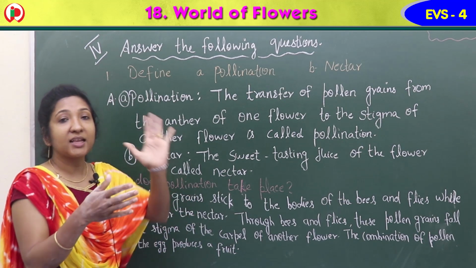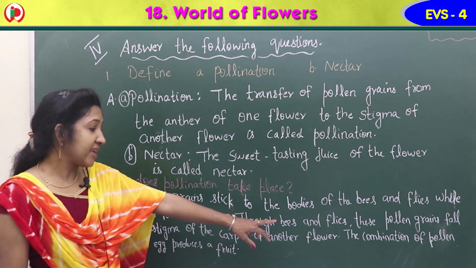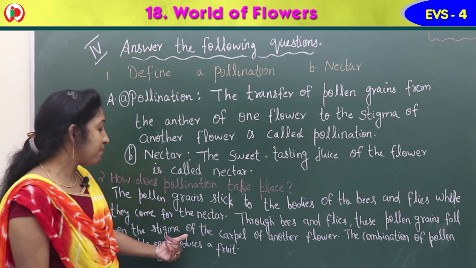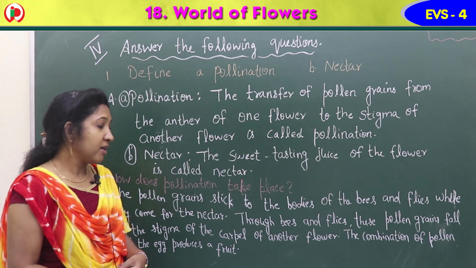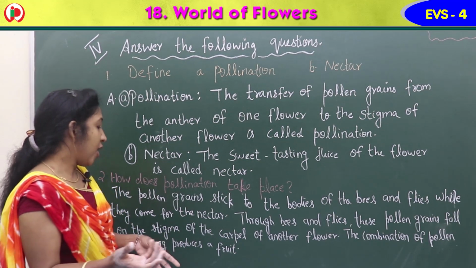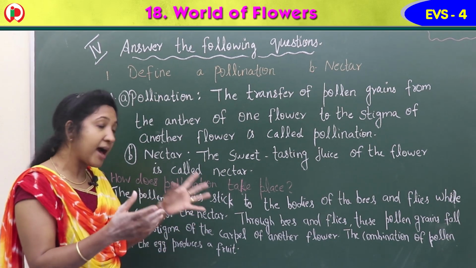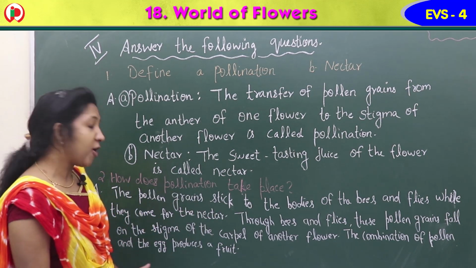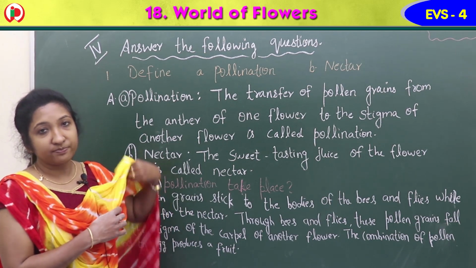These pollen grains get stuck to their bodies. Through bees and flies, these pollen grains fall on the stigma of the carpel of another flower. The combination of pollen and the egg produces a fruit.